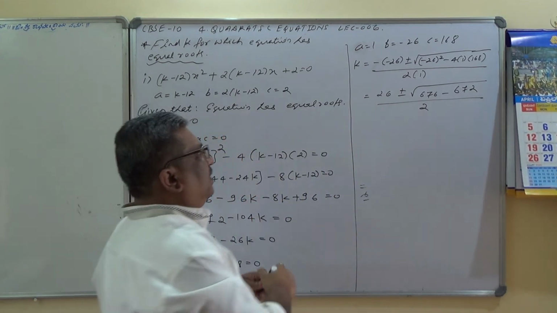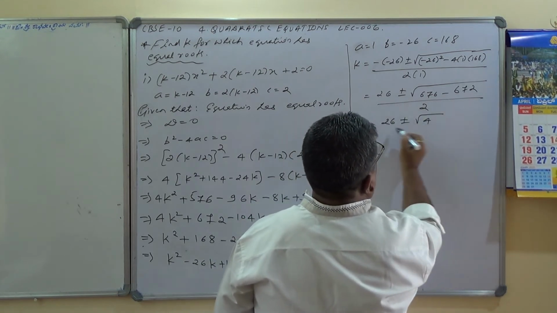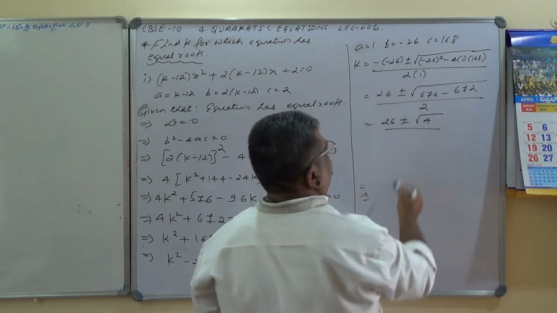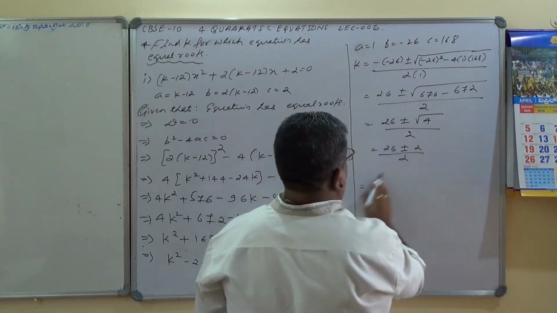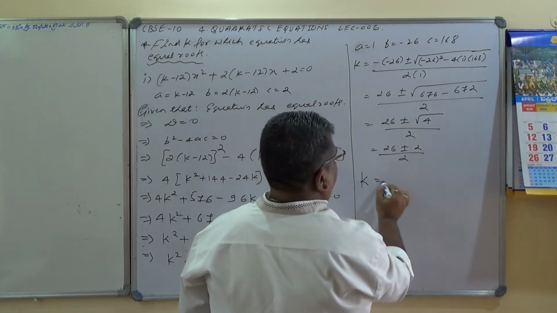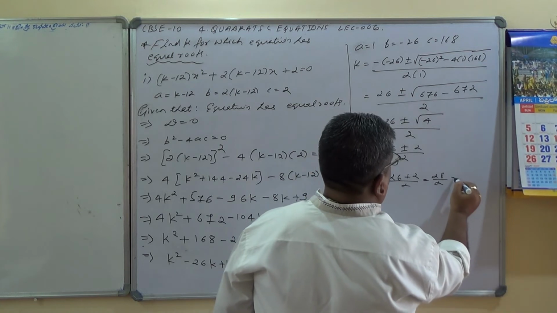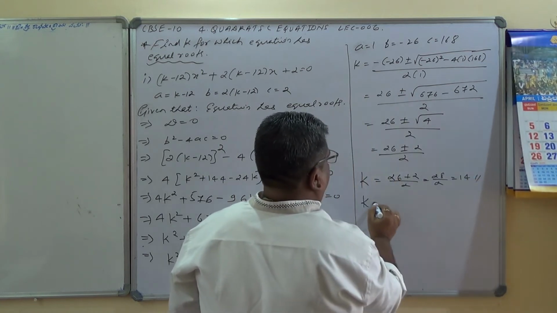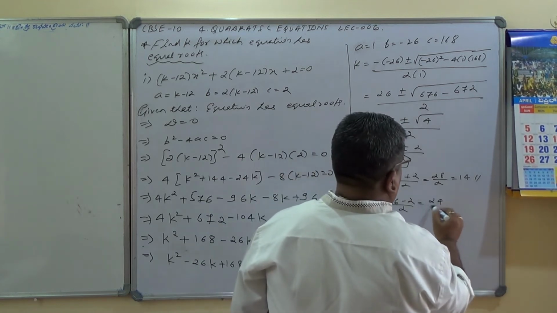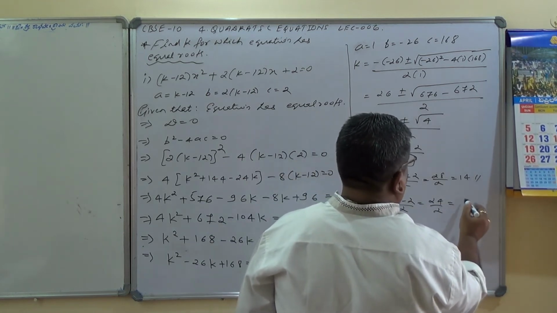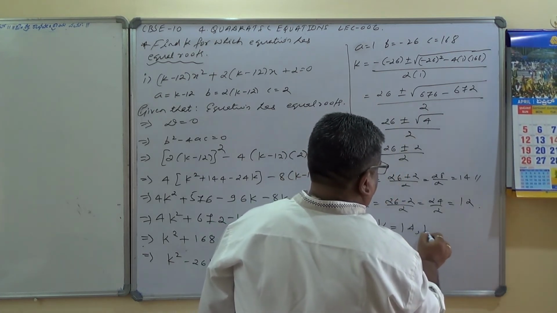So what is the answer we get now? 26 plus or minus under root of 676 minus 672, divided by 2, which is 26 plus or minus 2 divided by 2. Therefore one value of k equals 26 plus 2 by 2, which is 28 by 2, which equals 14, and k equals 26 minus 2 by 2, which equals 24 by 2, which is 12. Therefore there are two values here, k equals 14, 12.